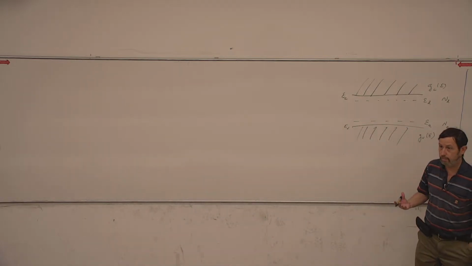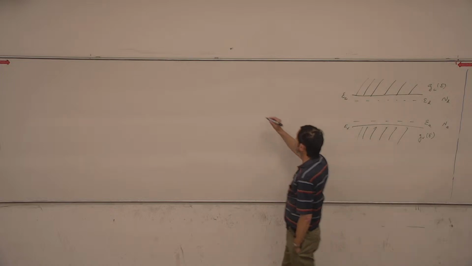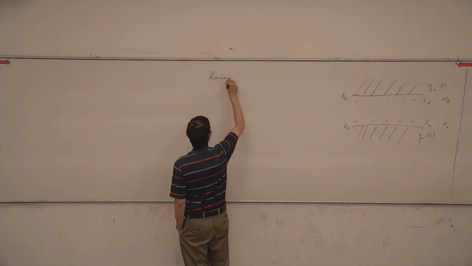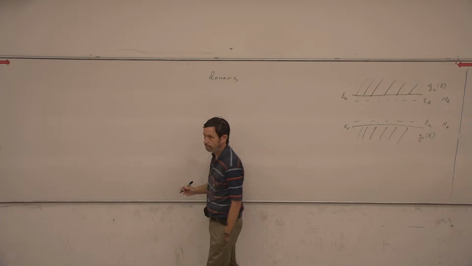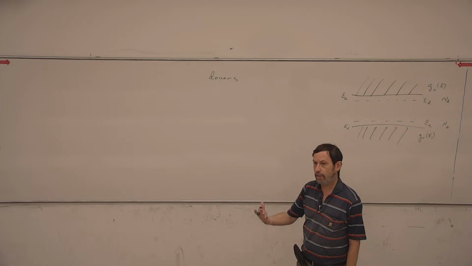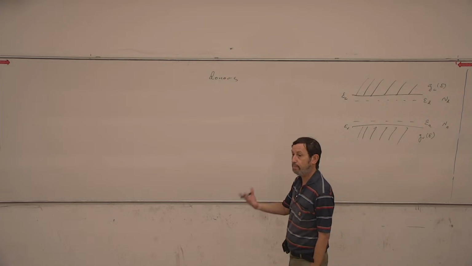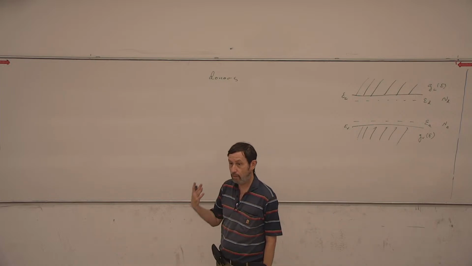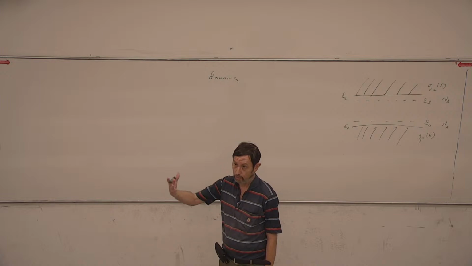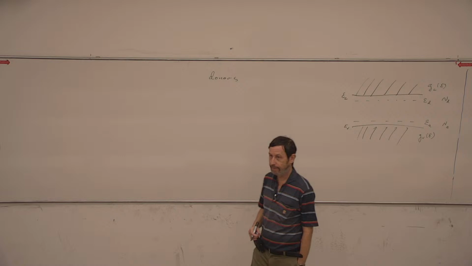For the donors, I have an additional orbit that is populated by one electron. That's what a donor is.